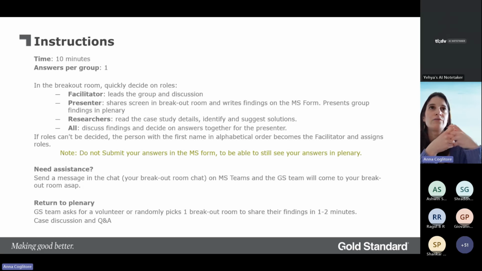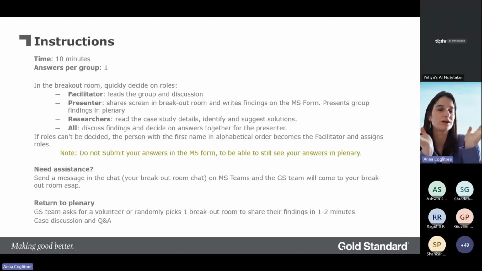And then we will have a researcher or 2, basically the one who's going to read the case study details, identify the solutions, suggest anything. But please work all together, discuss the findings and decide on the answers, and then prepare together for the presenter.